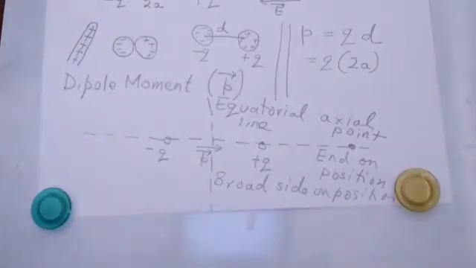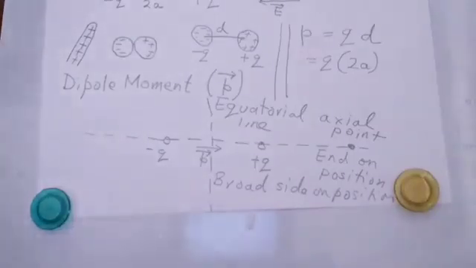Any point on that line is called an axial point, and a line perpendicular to this line passing through the midpoint of the dipole is called the equatorial line, and any point on the equatorial line is called an equatorial point. Axial point is basically at the end-on position, and equatorial point is at the broadside-on position. In the next lesson, we are going to learn how to calculate the electric field at an axial point.